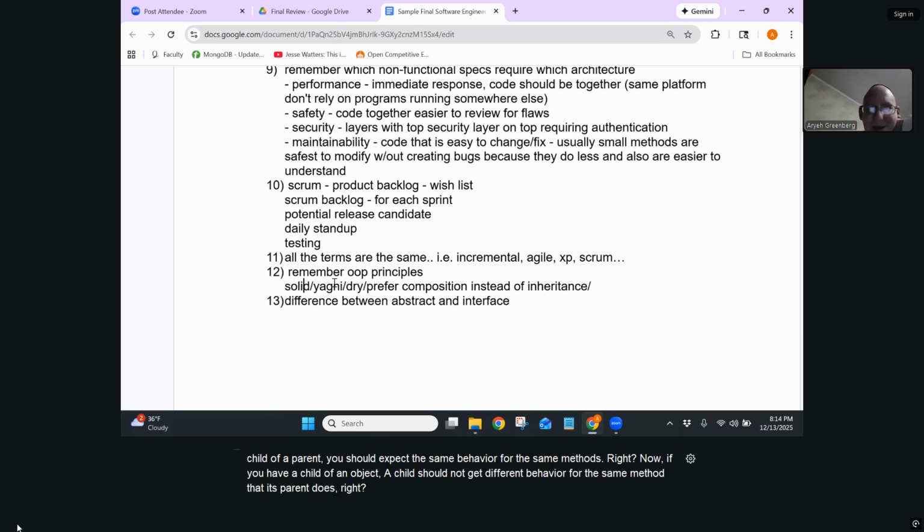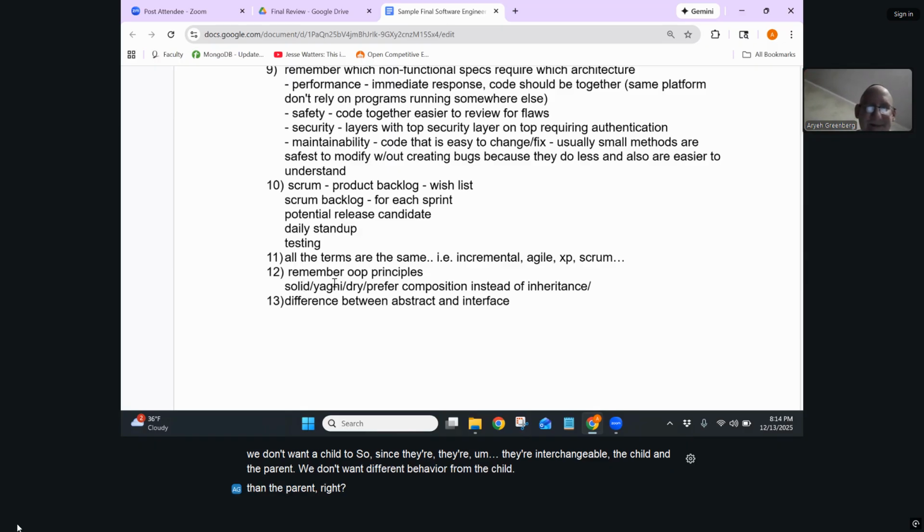You could always replace a parent with its child, so since they're interchangeable, we don't want different behavior from the child than from the parent for the same method.